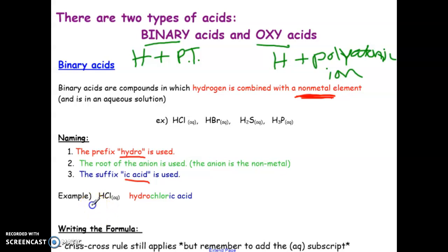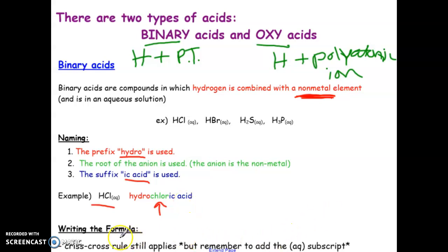So for example, hydrogen and chlorine, when it's in an acid, is hydrochloric acid. So the chlor part is coming from chlorine. The hydro and the ic acid does not change.